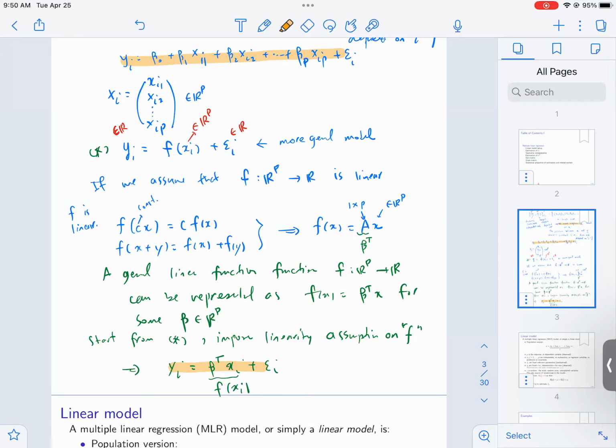If you do the matrix multiplication, beta would look like beta 1 up to beta p, and remember, xi is just xi1, xi2 up to xip. When you do the transpose of this multiplied by that, you just multiply each coordinate: beta 1 times xi1 plus beta 2 times xi2 plus beta p times xip, and then you sum them up. So the one at the top and the one at the bottom are exactly the same.